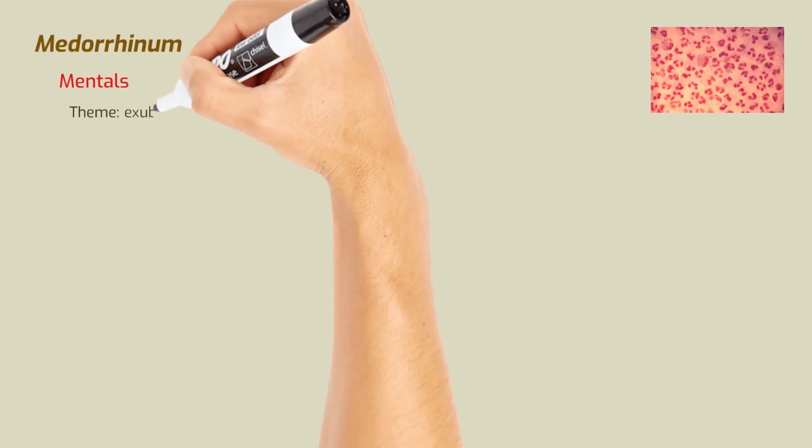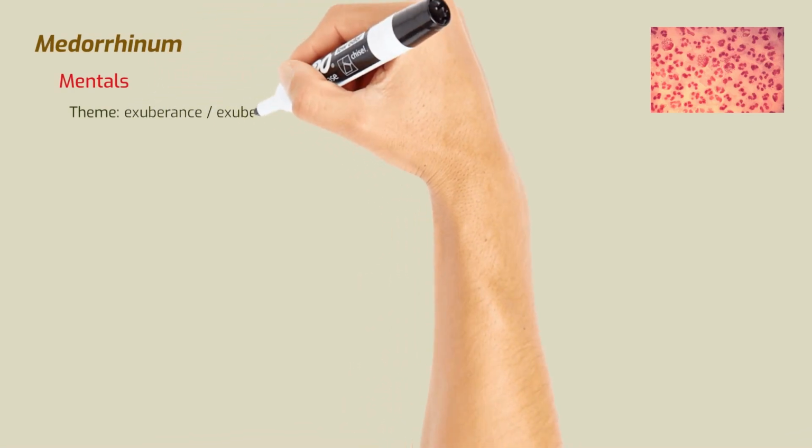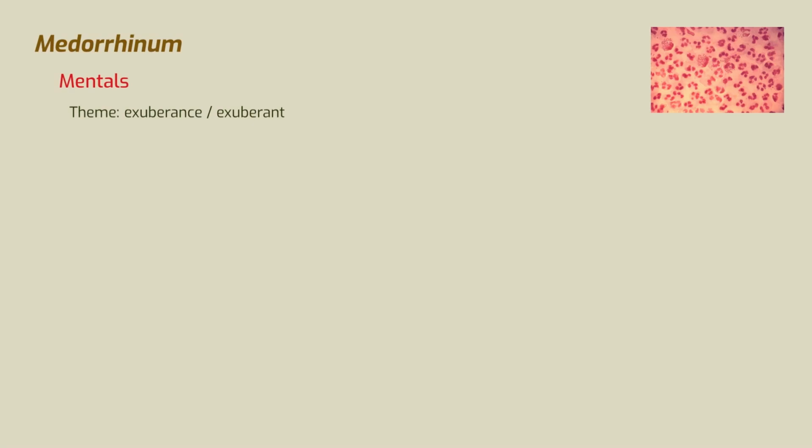Now, the tendency toward benign growth serves as a fitting metaphor for a theme that characterizes the essential nature of Medorrhinum, and that theme is exuberance. Medorrhinum is exuberant. Now, let's look for a moment at the definition of that word.